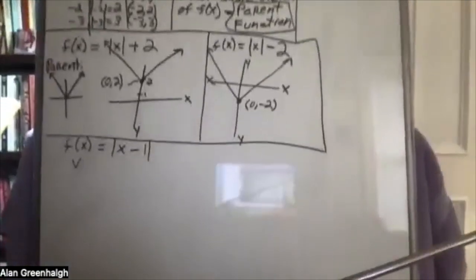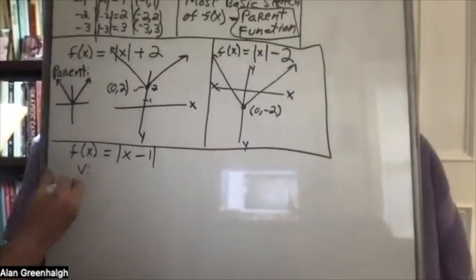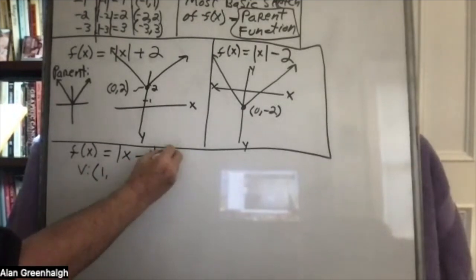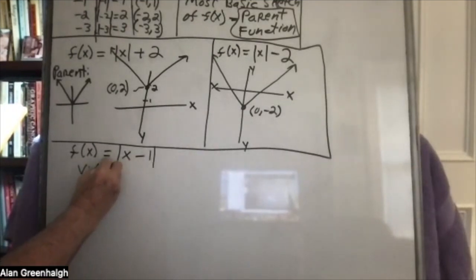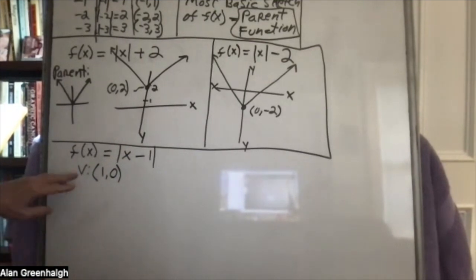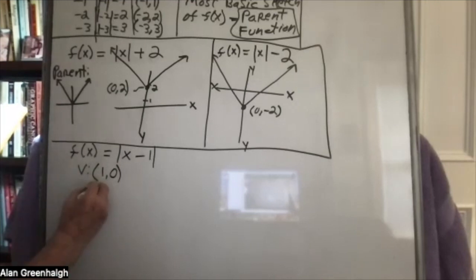So therefore, 1, and there's nothing out here at all, so the y will be 0. So the vertex is going to be where h is equal to 1 and k is equal to 0. And therefore, we take the parent function.